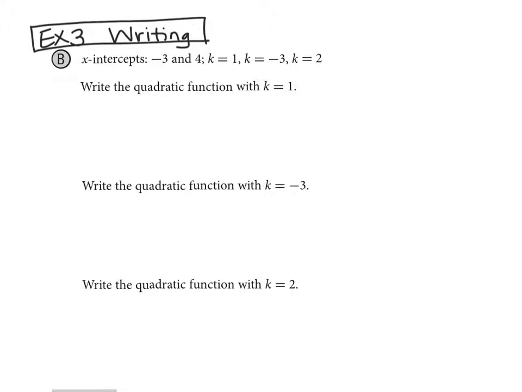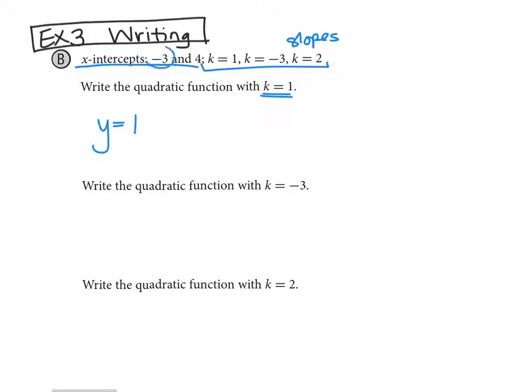All right, and then this last example is just writing given the information. So they tell me that I have x-intercepts at -3 and 4. And then remember, all these k values, these are just different slopes. So what will they look like in different cases? If I write a quadratic function, that means I'm going to have y equals, I know the slope is 1 in this first example, so 1.